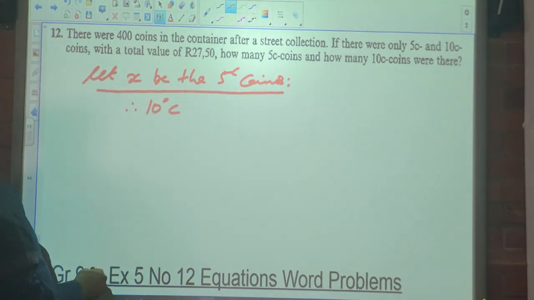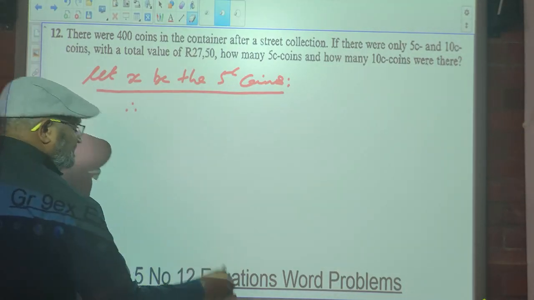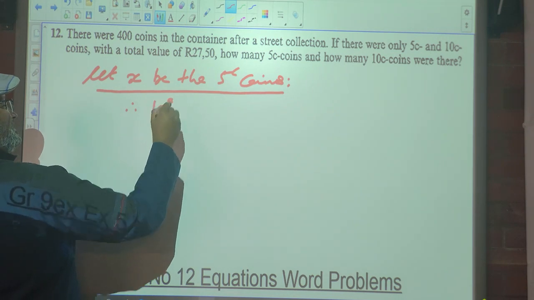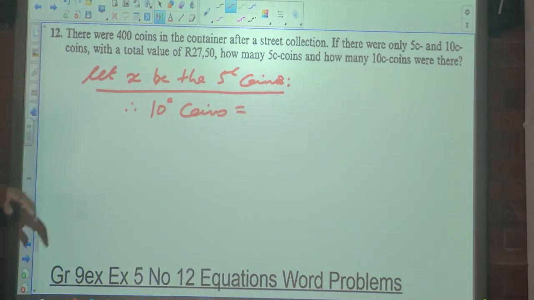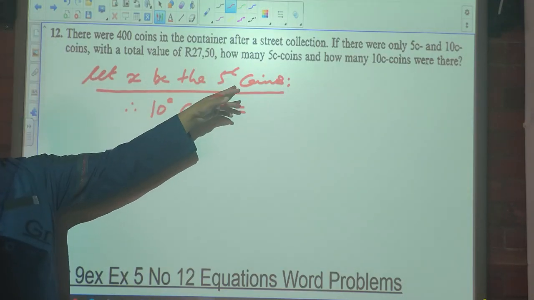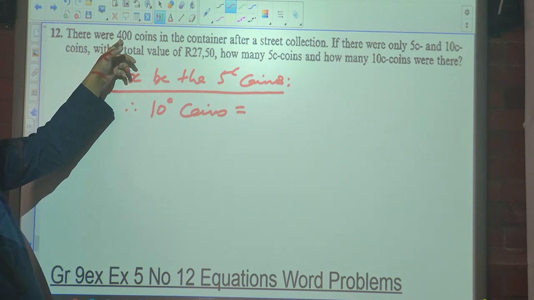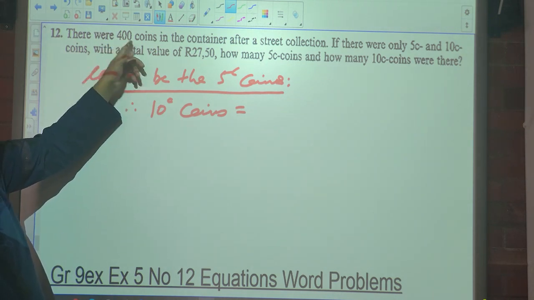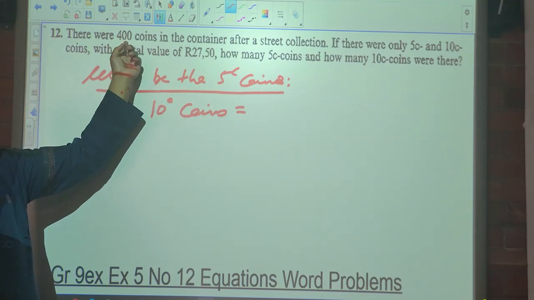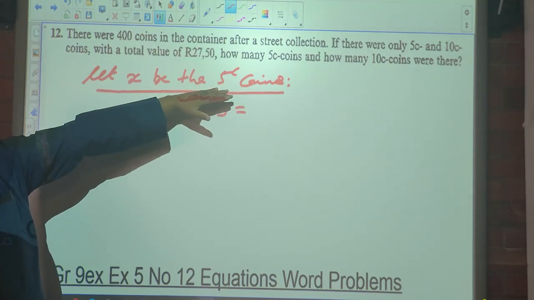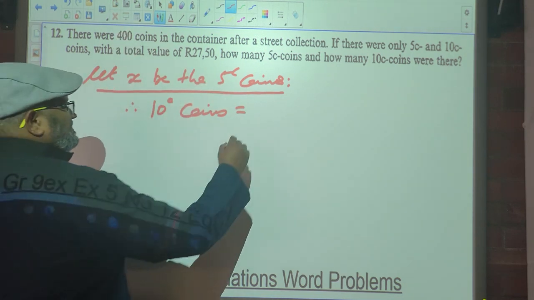If there were 20 5 cent coins, how many 10 cent coins? 20. If there's X 5 cent coins, how many 10 cent coins are there? 40 minus X.